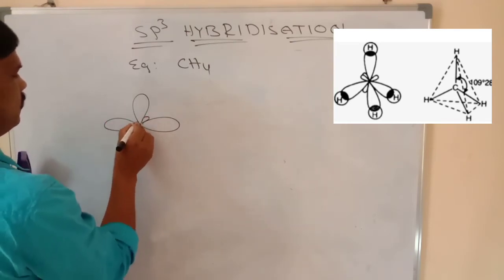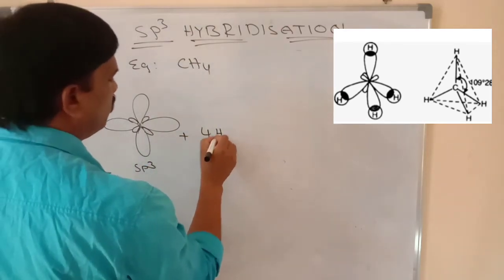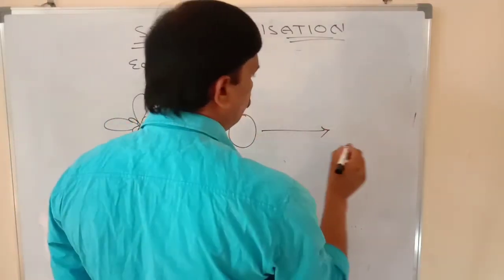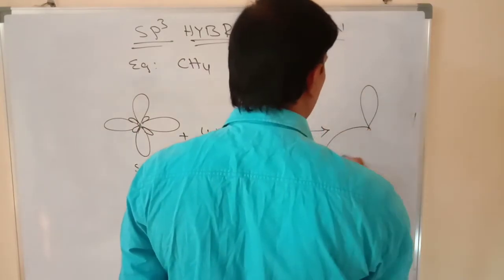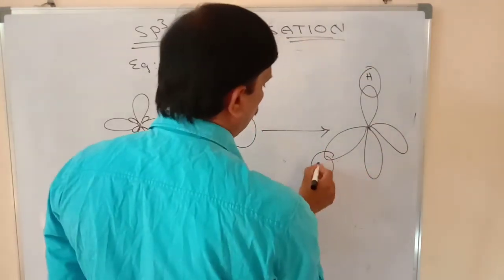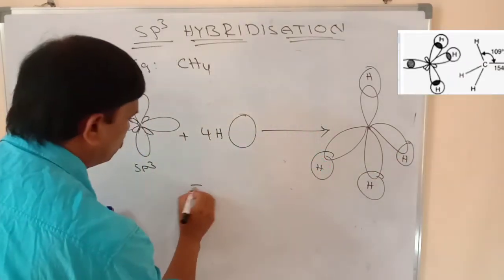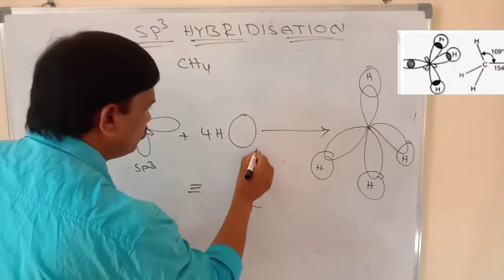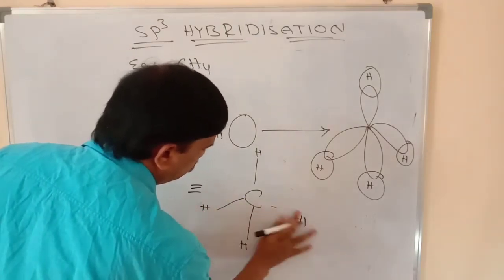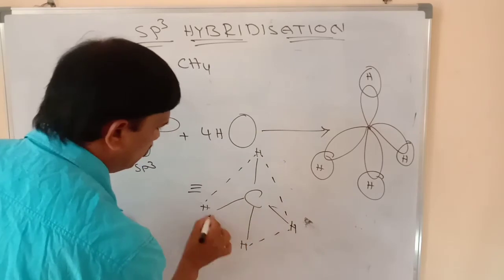This is the sp3 hybrid orbital of carbon. The four hydrogens, with electronic configuration 1s, combine like this: here one hydrogen, here one, here one, here one, in a tetrahedral manner.